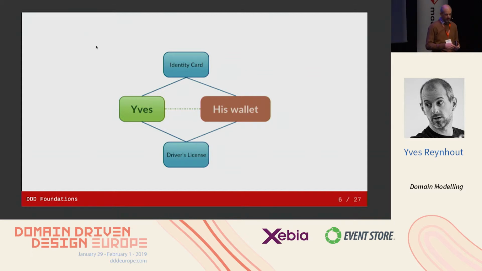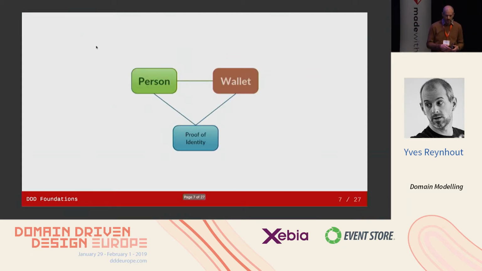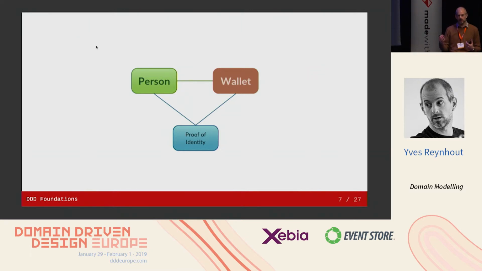The abstraction that I found was that an identity card or a driver's license is a proof of identity. That refers to a person, and I found it in a wallet. This helps me solve, I would imagine, 90% of the scenarios. If I asked somebody for his wallet, I could find out who it belongs to using this particular model that I've come up with.